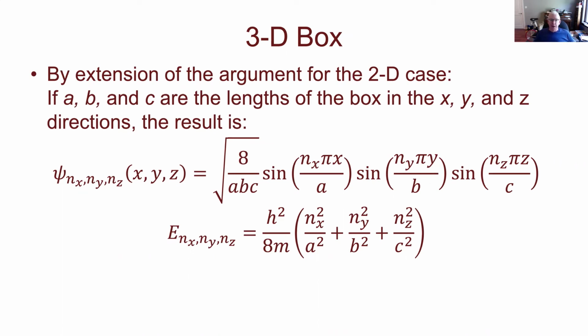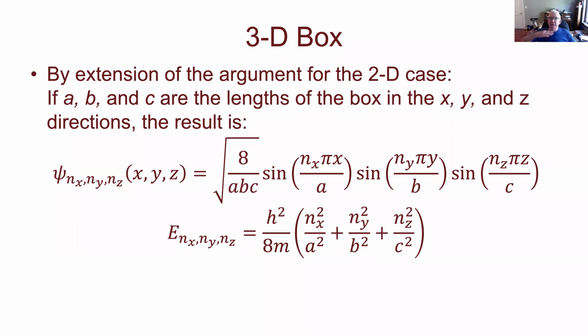This one now has what? It's got 3 different lengths. A, B, and C are the lengths in the X, Y, and Z directions. It's got 3 quantum numbers, 1 for each direction again. And so as you might imagine, this problem is going to be significantly more elaborate with regard to degeneracy, right?